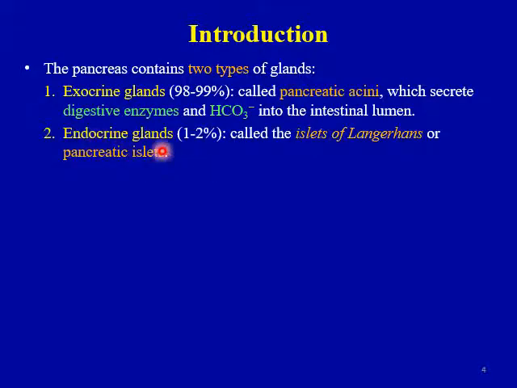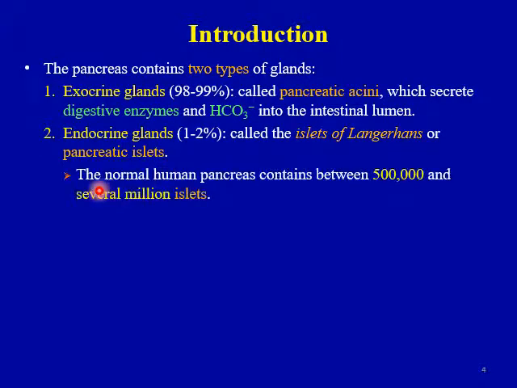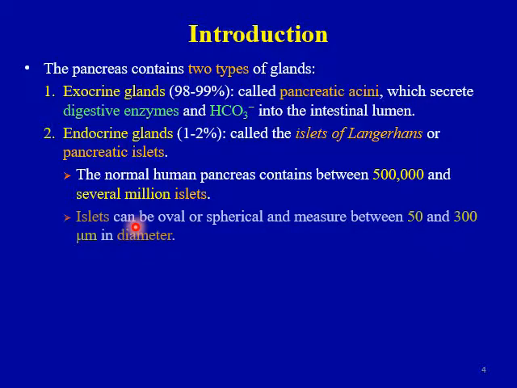The endocrine gland, or the endocrine portion of the pancreas, represents only 1 to 2% of the total pancreatic mass. It is called the islets of Langerhans or the pancreatic islets. The normal human pancreas contains between 500,000 to several millions of islets. Islets can be oval or spherical, and they measure between 50 to 300 micrometers in diameter.